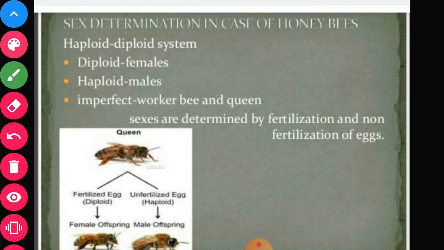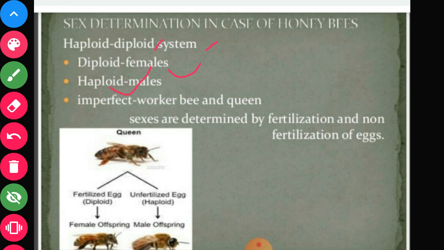Now the sex determination in honeybee. In honeybee this is a different type of sex determination. Diploid females develop if the egg is fertilized, and if the egg is not fertilized, the unfertilized eggs are haploid and they develop into male.